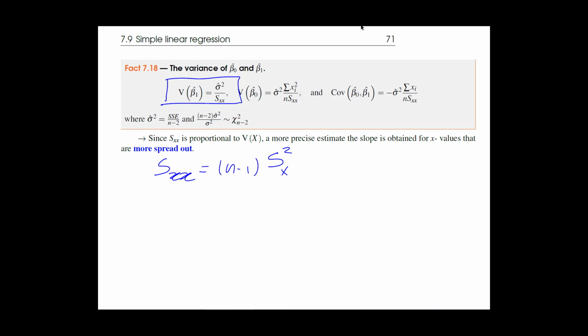That's the point, right? Now, you see the variance of beta 1, remember, beta 1 is the slope of the line, right? So the variance of the slope of the line is an indication of how reliable your model is, right? You want a low variance, right?